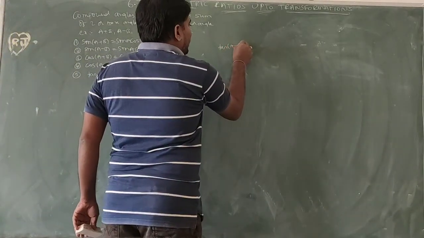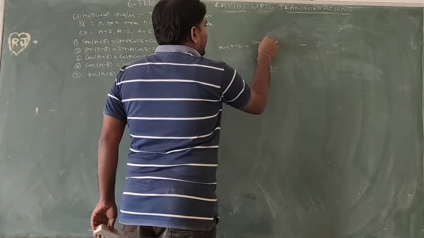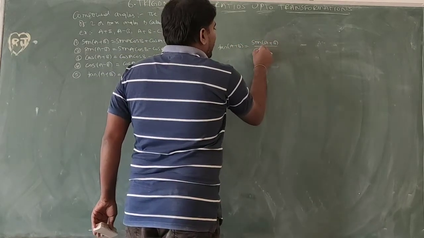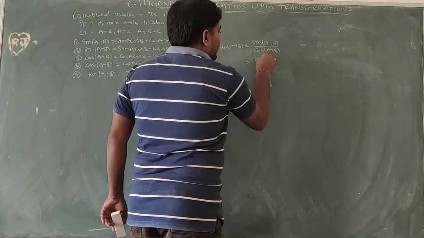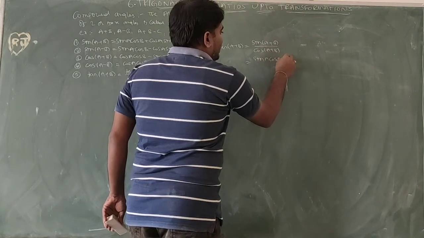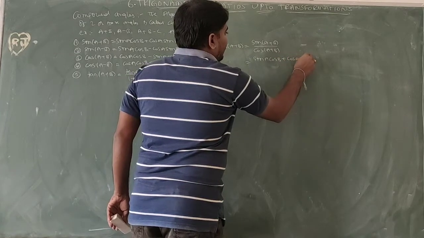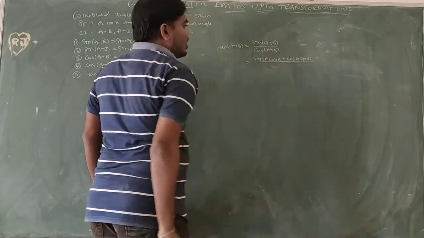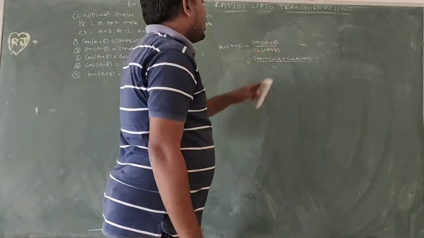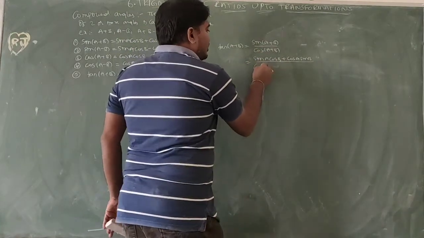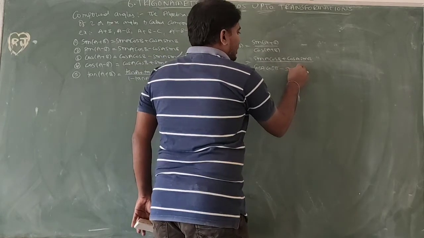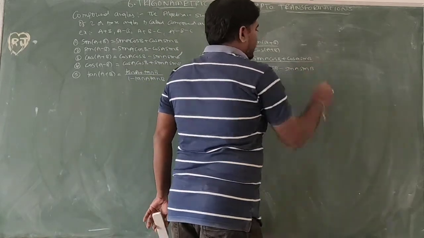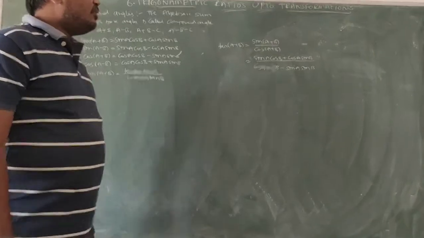Tan of A plus B equals sin by cos, sin of A plus B by cos of A plus B. So sin A cos B plus cos A sin B in the numerator, and by the cos of A plus B formula, cos A cos B minus sin A sin B in the denominator. So this we will get.